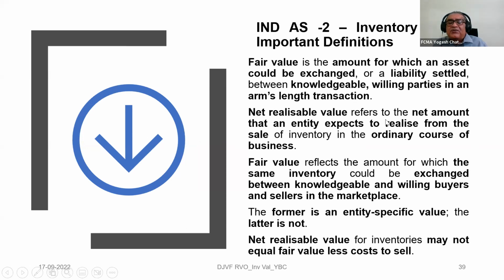Net realizable value refers to the net amount that an entity expects to realize from the sale of inventory in the ordinary course of business, whereas fair value reflects the amount for which the same inventory could be exchanged between knowledgeable and willing buyers and sellers in the market. So as I informed you, the former, net realizable value, is an entity specific value, whereas the latter, fair value, is market specific.